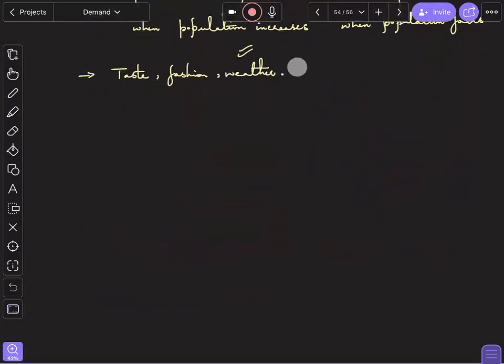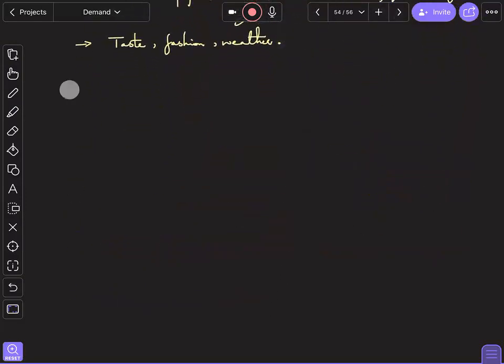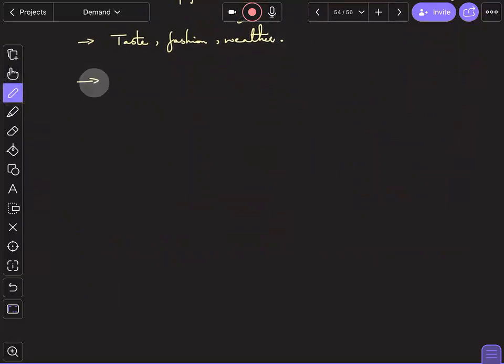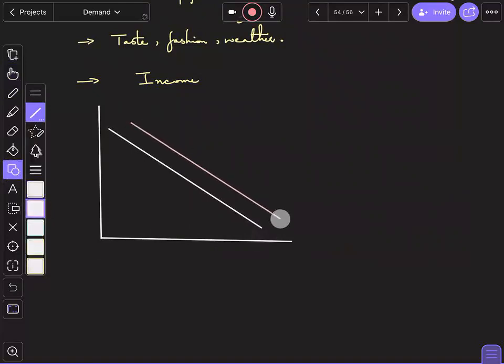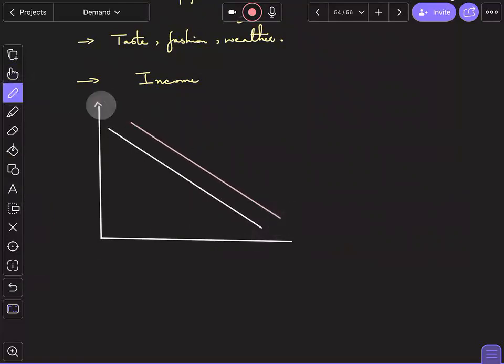Then we have another reason, which is income. What will happen when income in the economy is increasing? If the average income in the economy is increasing, if there is economic growth and more employment opportunities available, then people will demand more goods. The demand for normal goods like cars, like private commute, will shift out because now people can afford more cars since their income is increasing.